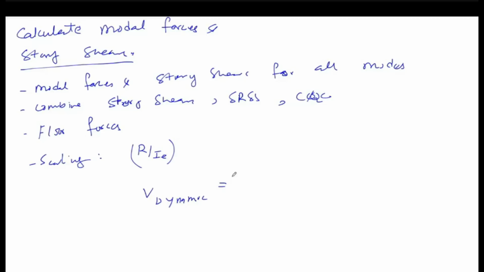It has to be equal to or greater than 85% of the base shear obtained through the static procedure. So we can have this 15% discount on the base shear, but we should make sure that the dynamic base shear is not less than 85% of the static base shear.